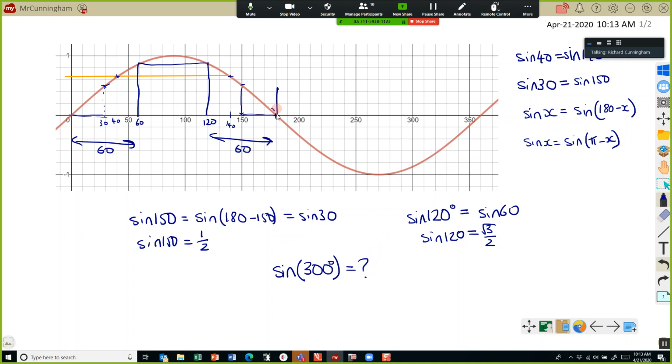This value here is 270. No, it's not. That's 180. Sorry, that's 180. 250, 260, there is 270. What's the value of sine of 300?